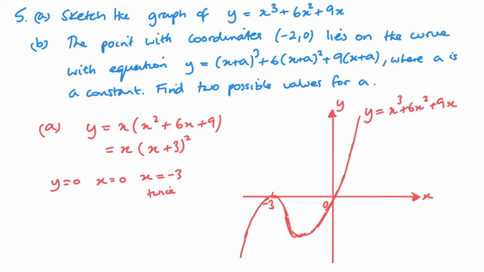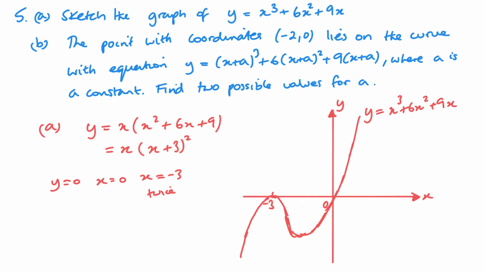Now for part B, we can see that a horizontal translation has taken place, as it's inside brackets x plus a, so this is an f of x plus a. And what we can see is that the coordinates minus 2, 0 lie on the graph.